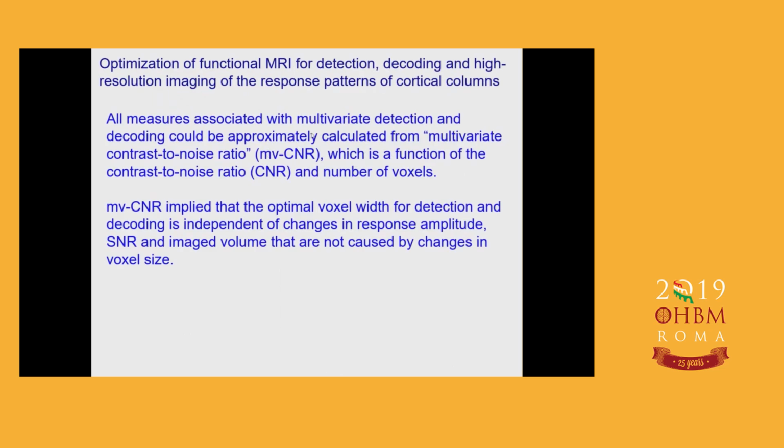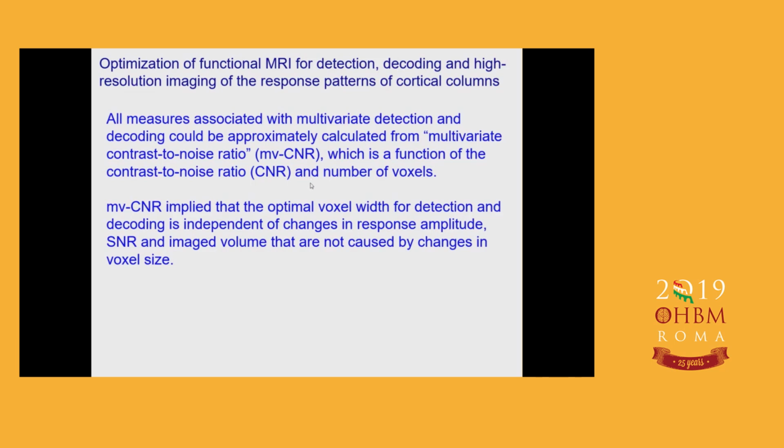All measures associated with multivariate detection and decoding could be approximately calculated from a measure we termed multivariate contrast-to-noise ratio, which is a function of the contrast-to-noise ratio and the number of voxels.